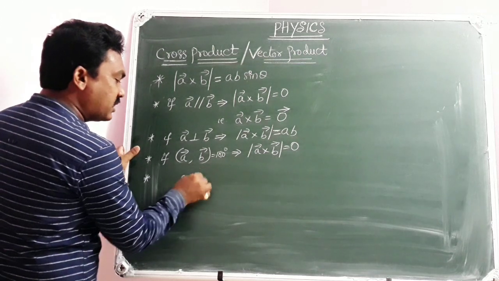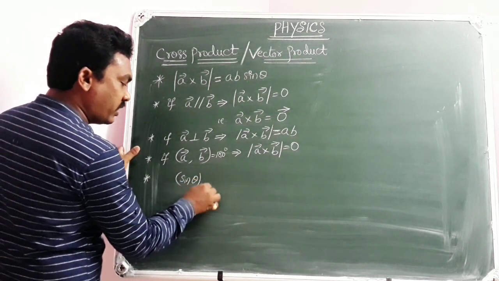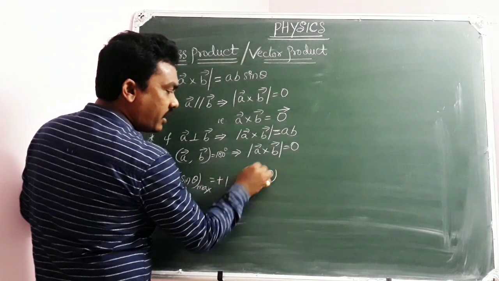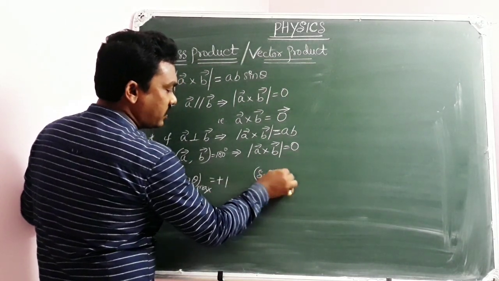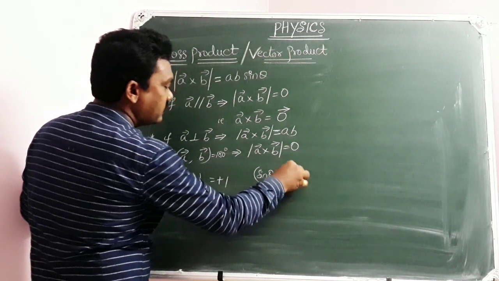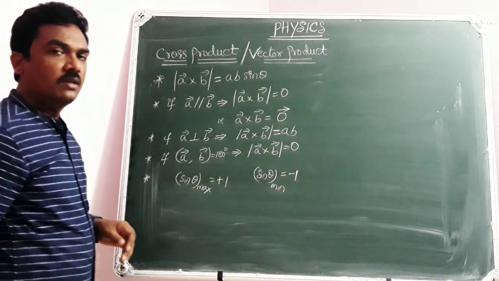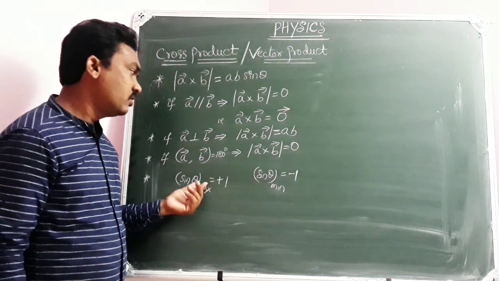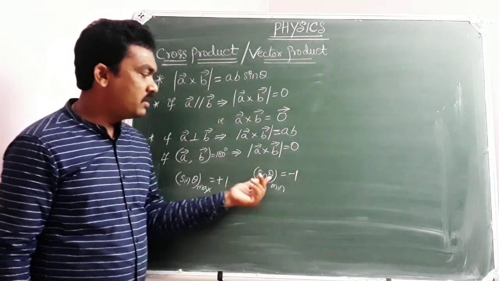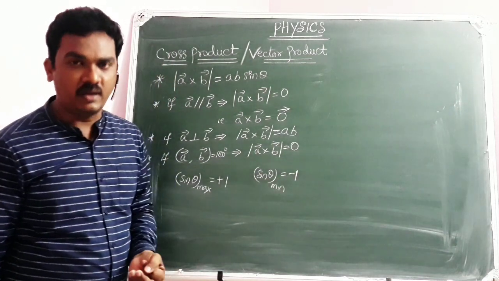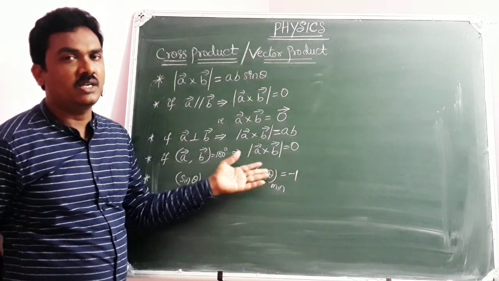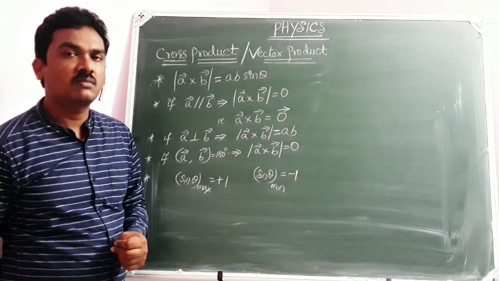The maximum value that sin theta can have is plus 1, and the minimum value that sin theta can have is minus 1. The maximum is at theta equal to 90 degrees. The minimum value is not at 180 or 360, but at 270 degrees.